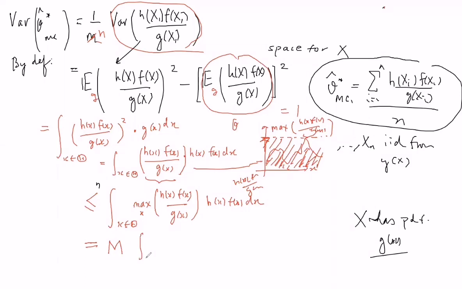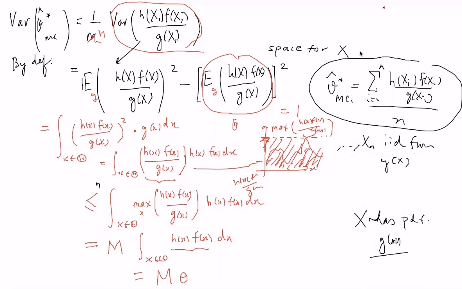So this would be the integral of h(x) f(x). So this whole thing here is m theta, right? Because this thing here is actually theta, if you look at the definition of theta at the beginning. Okay, so basically we have a result for the bound, right?